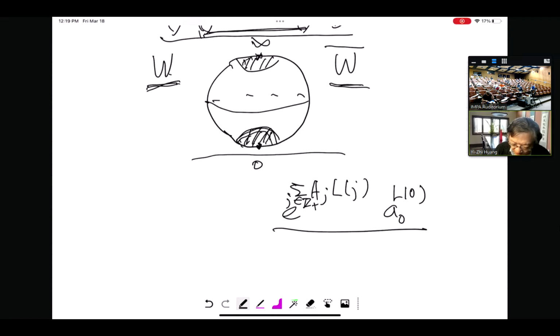Roughly speaking, the local coordinate here is actually given by a power series. It's a power series, and because the local coordinate must vanish at 0, it's a power series with the first term like A_0 multiplied by w. And you can always write this as an exponentiation. I think there should be some kind of a minus or something.